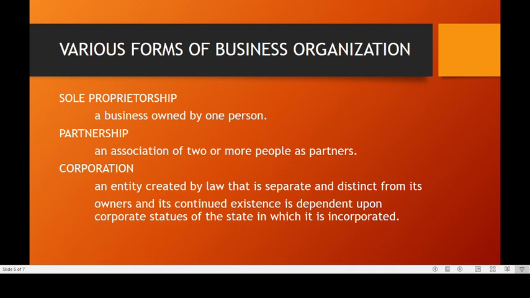But in partnership, one cannot decide for the partnership without the consent of the others, unless there is a stipulation or an agreement saying that those rights are assigned to a particular person.